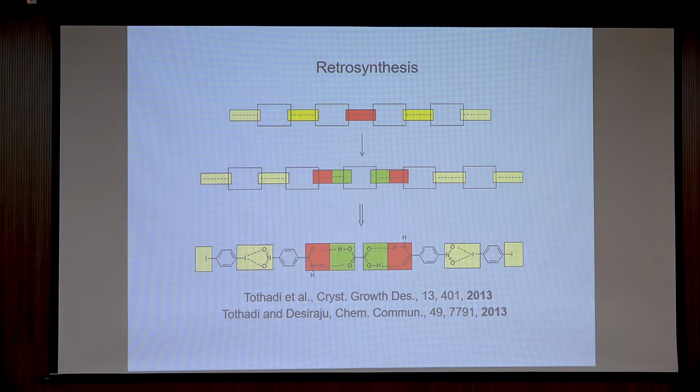So the green is stronger than the red synthon, which is stronger than the yellow synthon. But the yellow is not so weak that it doesn't enter the picture also. It is strong enough that it enters the picture. It is weak enough that it doesn't disturb the red and the green. So you have to understand these interactions and grade them before you can start putting many molecules in one crystal.